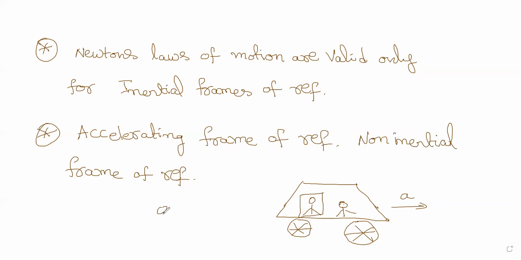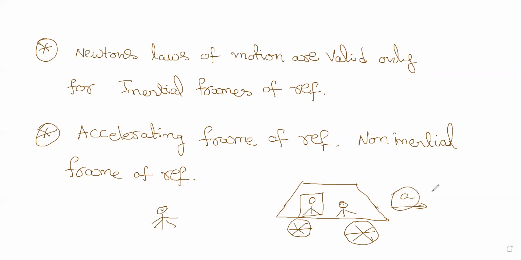When I am outside, I see my friend moving with an acceleration of a. The other thing is that if a body is accelerating, there is a force acting on it. Definitely, if there is acceleration, there is force. If a certain object is accelerating, there is a force acting on it.